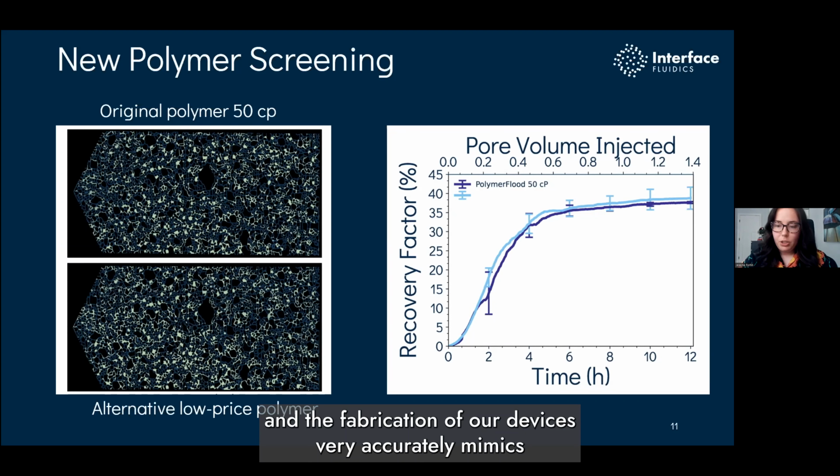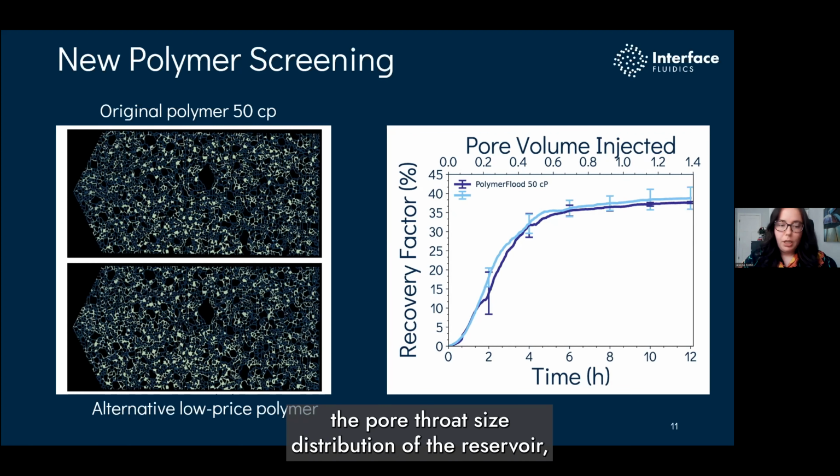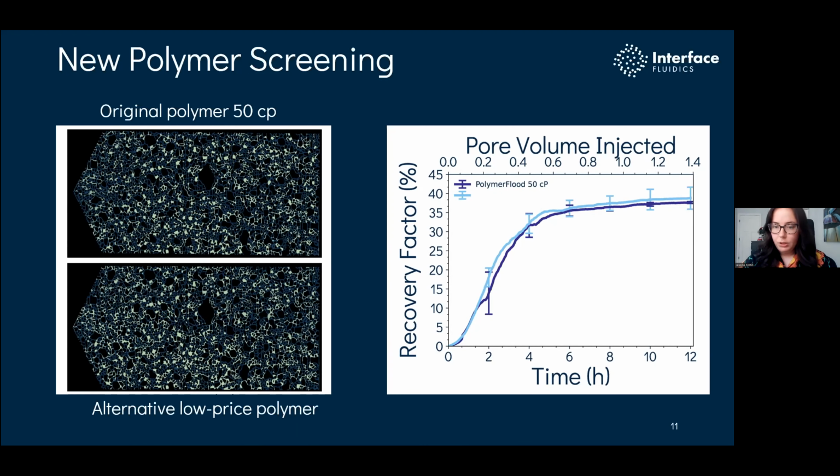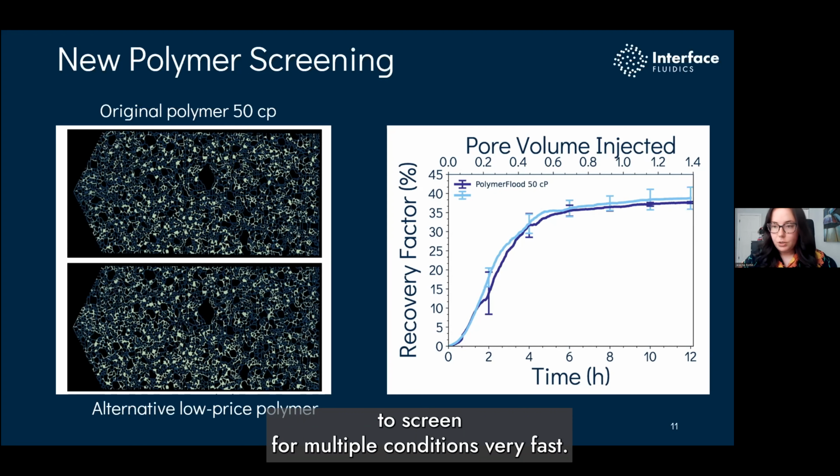And the fabrication of our devices very accurately mimics the pore throat size distribution of the reservoir, making it a really great analog, a really great tool to screen through multiple conditions very fast. Because of the speed, this technology can be used to really hone in on the formulation and the concentration to arrive at optimal chemistry for your reservoir.